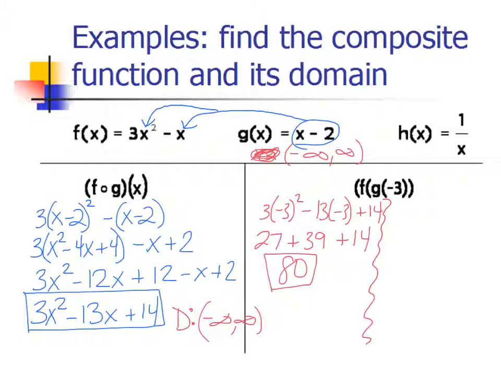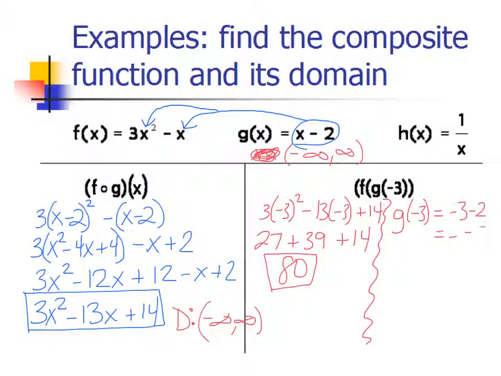What you can do is you can find g of negative 3, and whatever you get for g of negative 3, go plug it in for f. So let's do that. Let's find g of negative 3. That means I'm going to put a negative 3 in for x into the g function, so negative 3 minus 2.